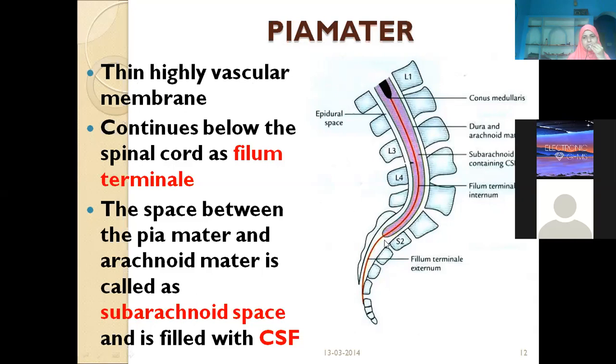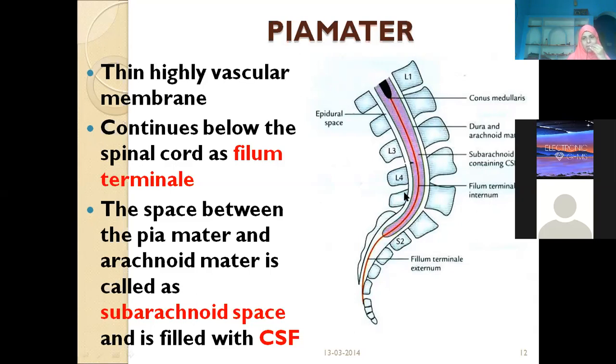So this extension, whatever we are finding, is the filum terminale. This is the conus medullaris, cone shaped, and we know dura is extending up to S2. Not only that, even arachnoid is also extending. And this pia mater, the red line, is also extending. This extension of pia mater, coming from the tip of the conus medullaris, you call it filum terminale.